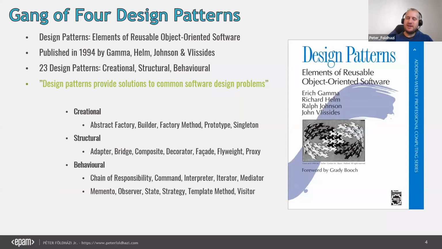So first one is the design patterns, and when people talk about the design patterns, most engineers think about the original Gang of Four design patterns, which were defined at the beginning of the 90s. There are 23 of them, and creational, structural, and behavioral patterns.